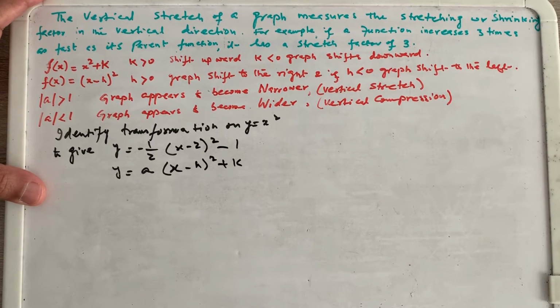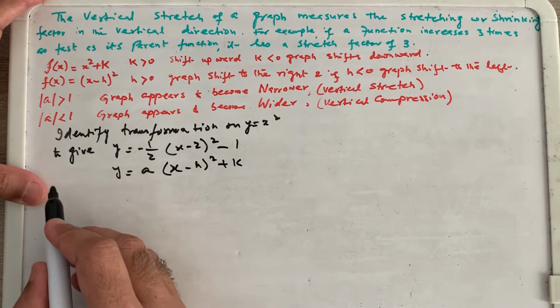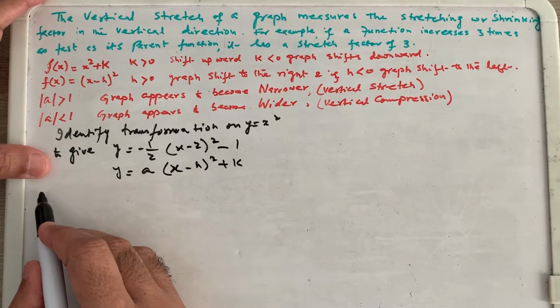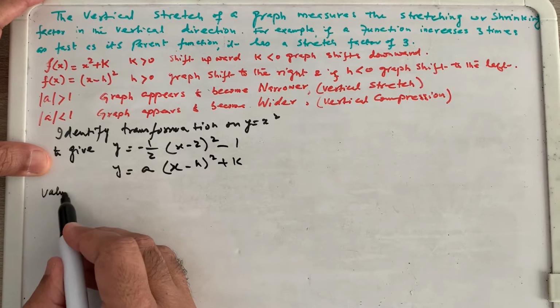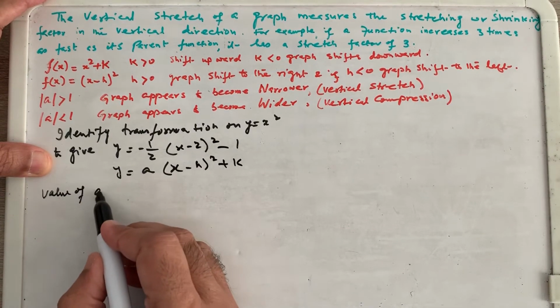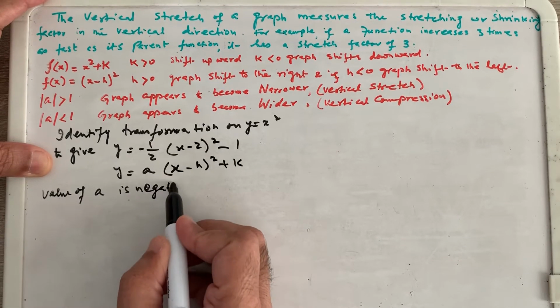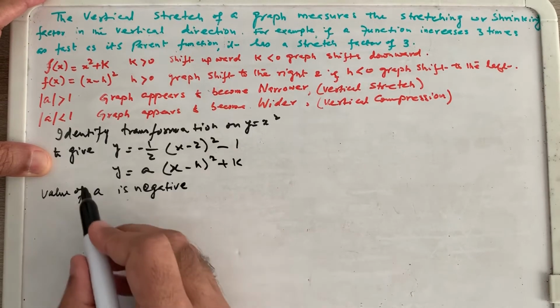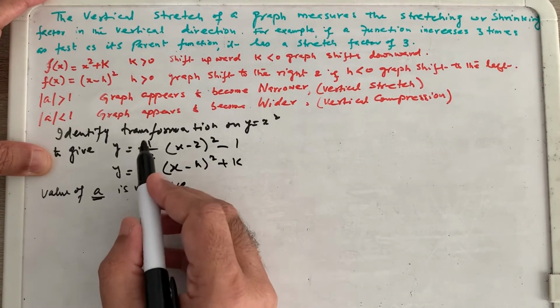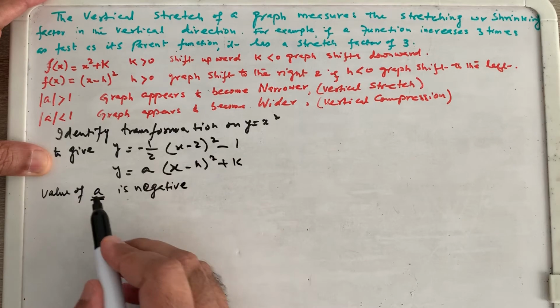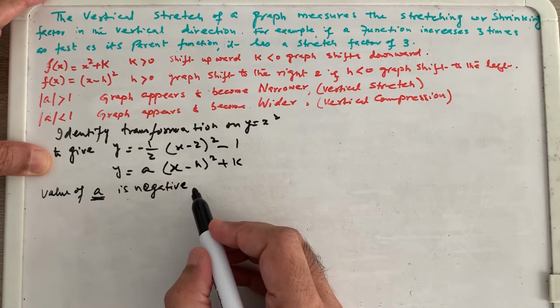Okay, so first of all, we have to see the value of a. So the value of a is negative, right? What does it mean? We learned that if the value of a is negative, which is a negative sign, that means the parabola opens downward.